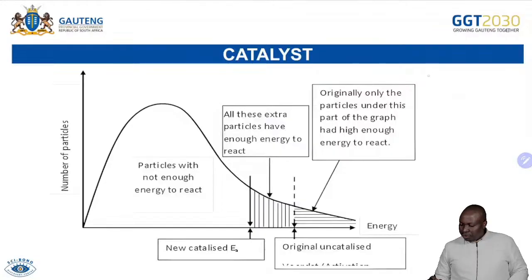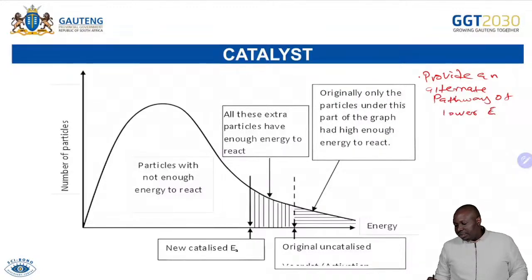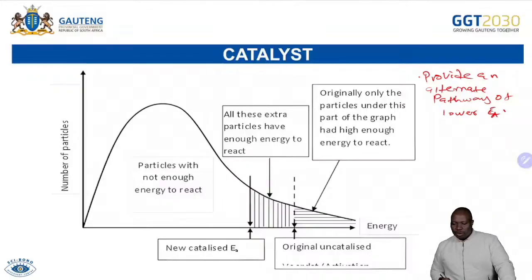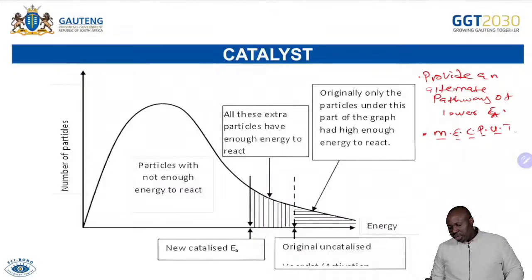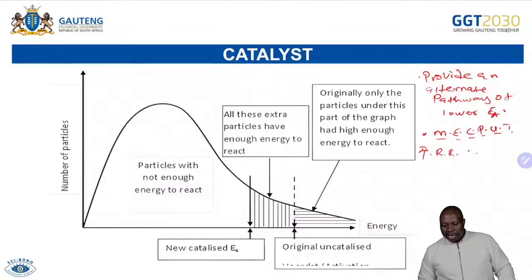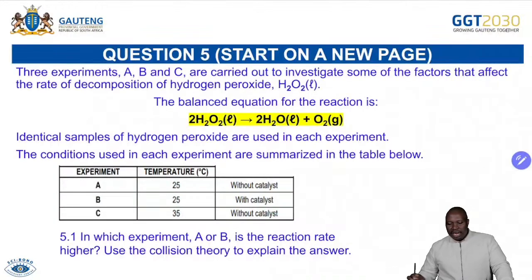Catalysts provide an alternate pathway of lower activation energy. That's what your catalyst will do. And then it will have more effective collision per unit time. That one will always be there for all of them. You write it in full, more effective collision per unit time. And then we're going to increase the rate of reaction, because all of them increase the rate of reaction. So always have that.